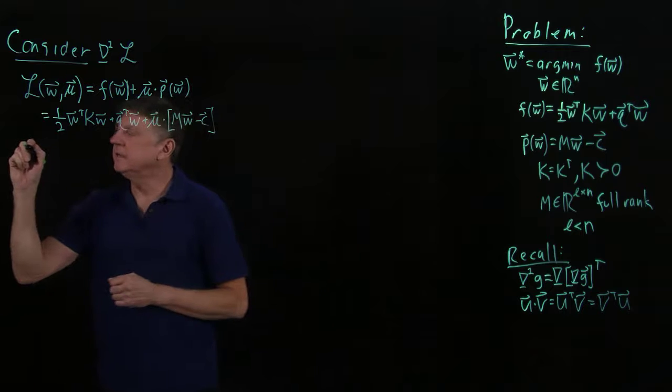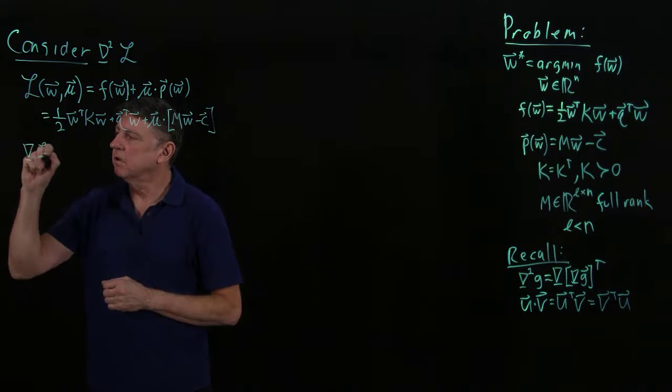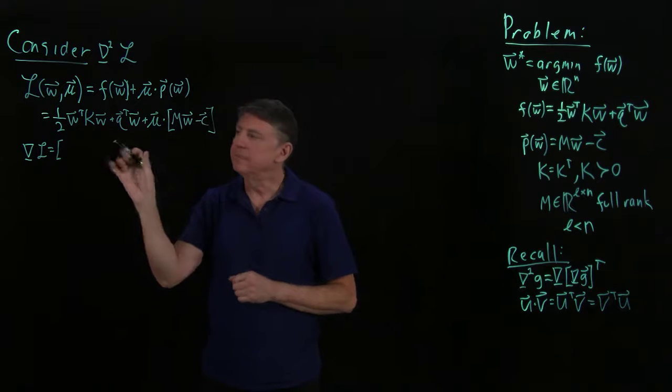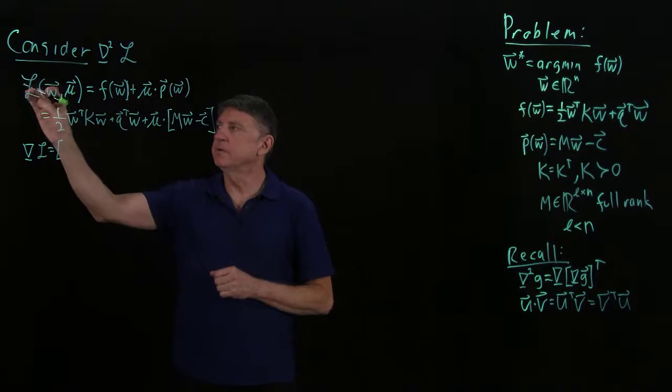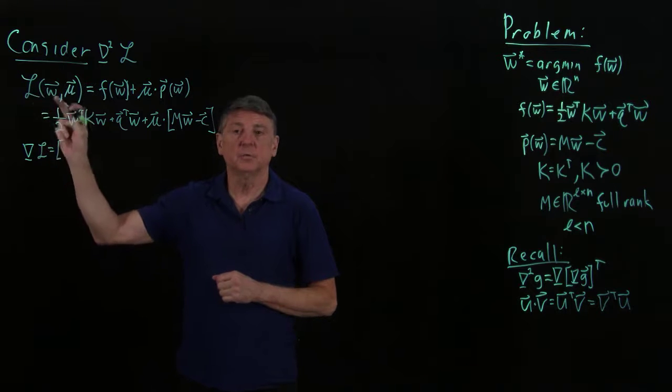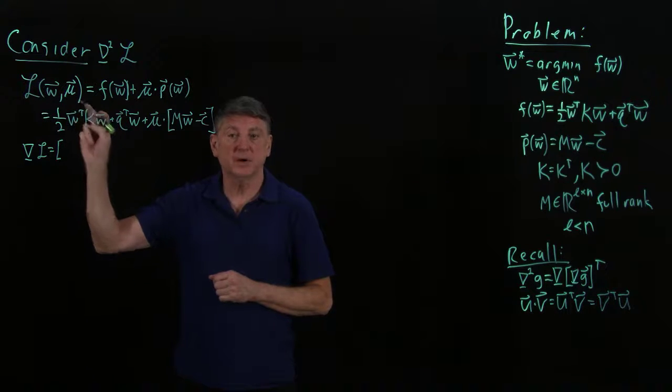So the gradient of the Lagrange function is going to be a long one form. The first part of this one form will be the derivative of the Lagrange function with respect to W, and the second part will be the derivative with respect to the multipliers.